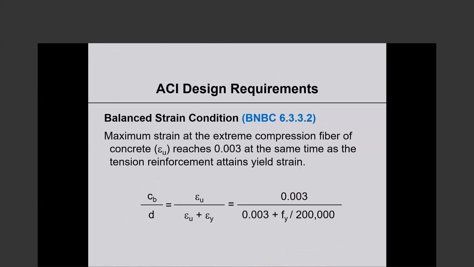Maximum strain at balanced strain condition. Maximum strain at the extreme compression fiber of concrete reaches 0.003 at the same time as the tension reinforcement reaches yield tensile strain, as I told you 10 times at least.